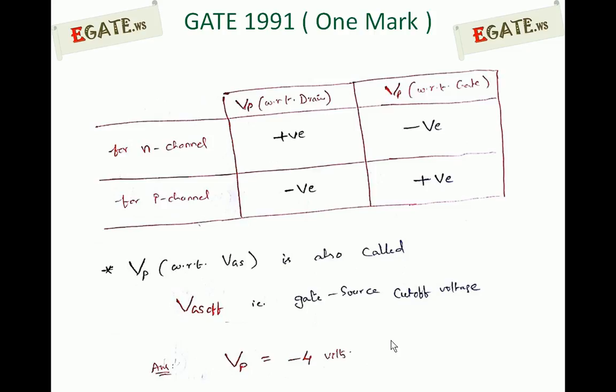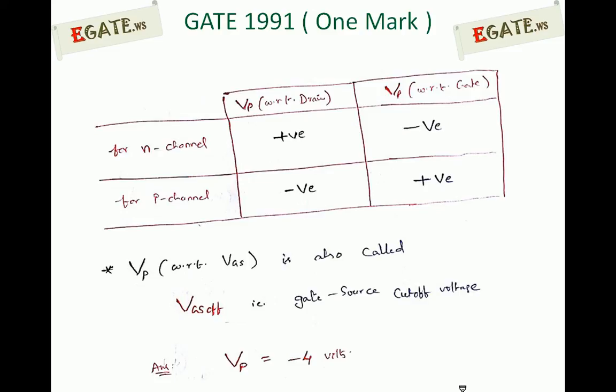In the question, it is given that the drain current becomes constant, that is saturated, when VDS is equal to 4 volts and VGS is equal to 0 volts. That is the actual definition of pinch off voltage with respect to drain characteristics. So the magnitude of the pinch off voltage is 4 volts, but the actual pinch off voltage is negative for an N channel.